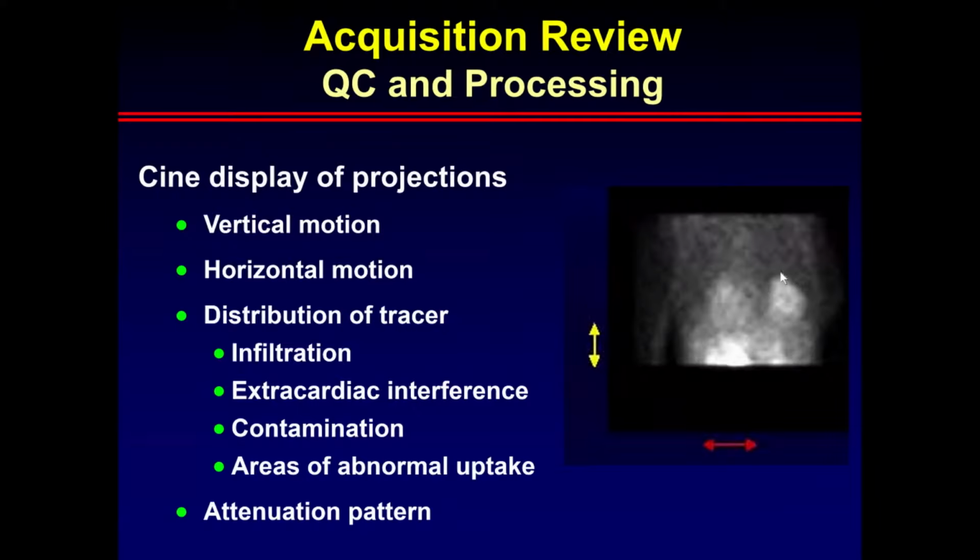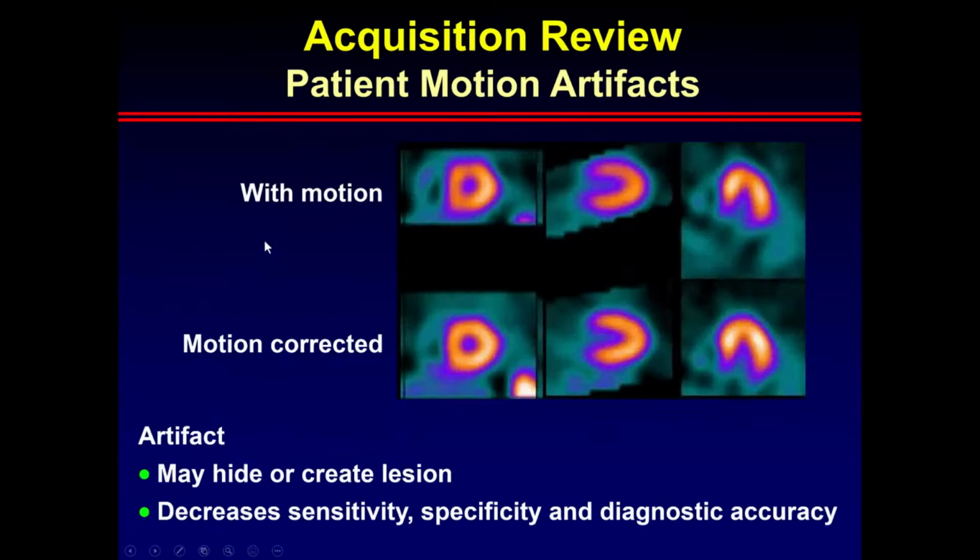We want to see if there's breast attenuation, whether there's diaphragmatic attenuation, whether there's vertical or horizontal motion, whether there's been infiltration of the radiotracer, whether there's gut getting involved or getting in the way of the images, whether there's abnormal uptake in other organs that are causing problems with viewing the image, etc. And we want to look at attenuation patterns, right?